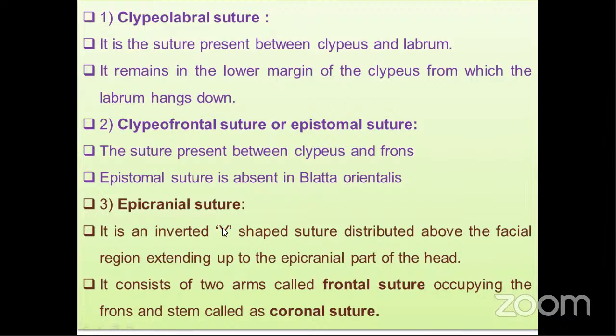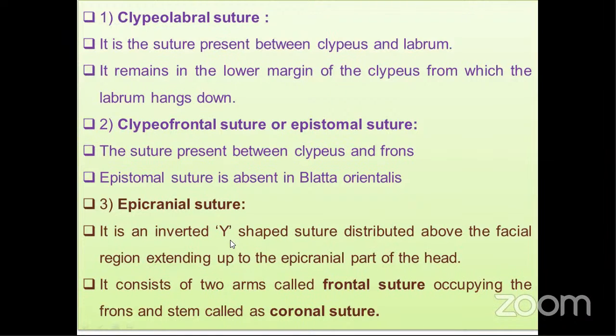It consists of two arms, which we call frontal sutures, and the main stem we call the coronal suture, not coronavirus. The stem is called the coronal suture and the arms are the frontal sutures.